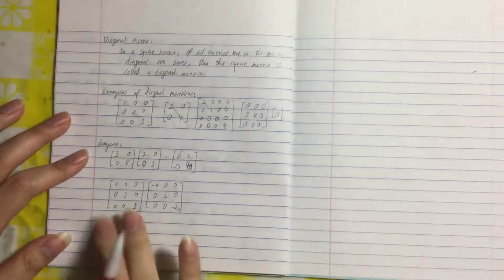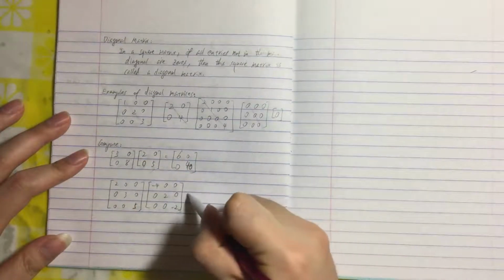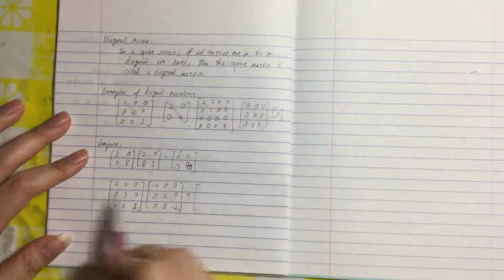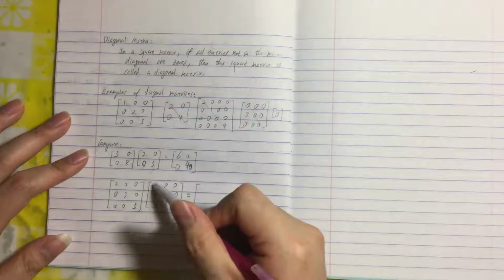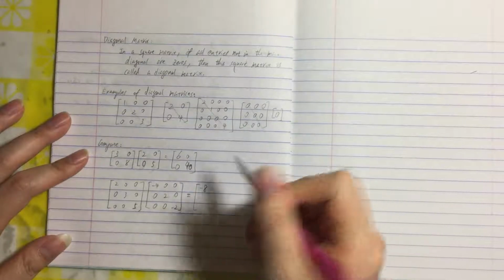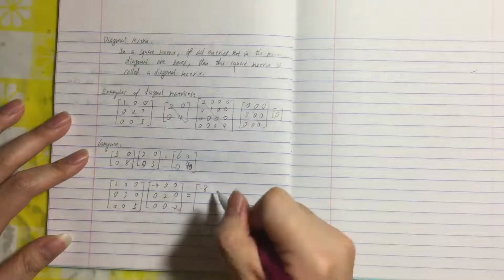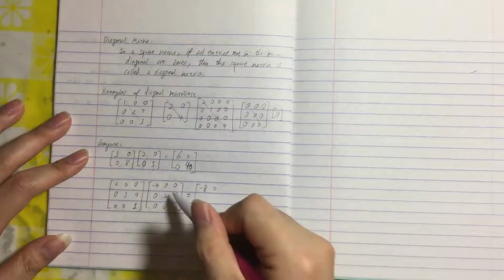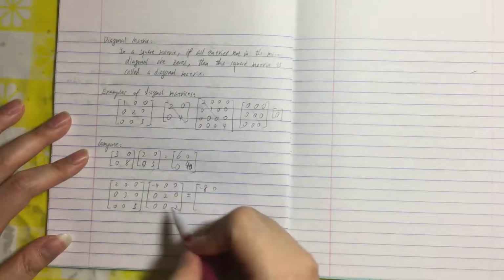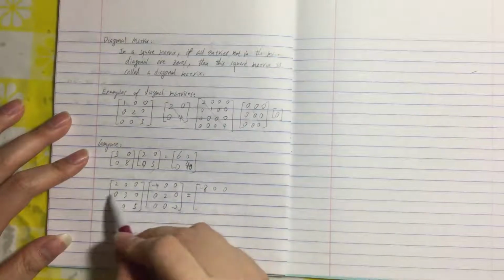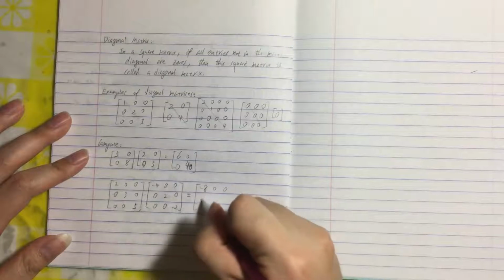Next, let's multiply these two matrices. How do we multiply 3 by 3 matrices? Do the same thing. Use row times column. First row times first column, I get -8. First row times second column, I get 0 plus 0 plus 0, which is 0. First row times third column, 0. Second row times first column, 0.